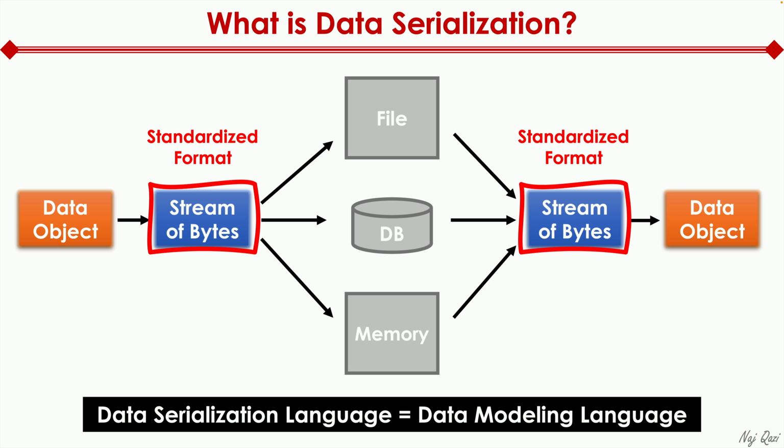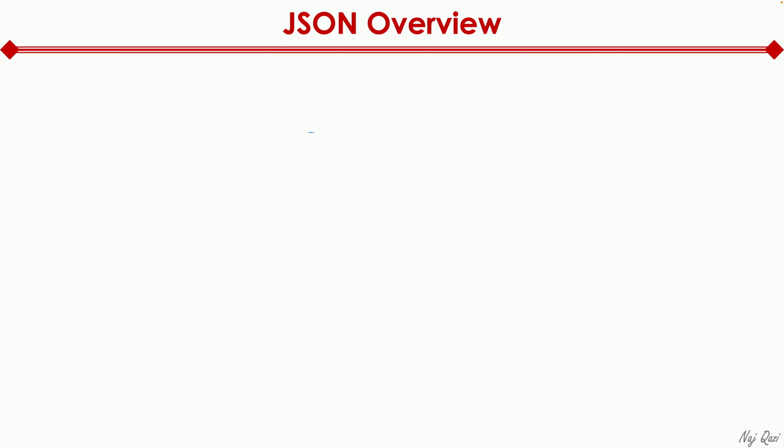It's also known as data modeling language. And by the way, JSON belongs to a standardized format. So does XML. But today I'm going to focus in on the JSON format, which is a data serialization format.